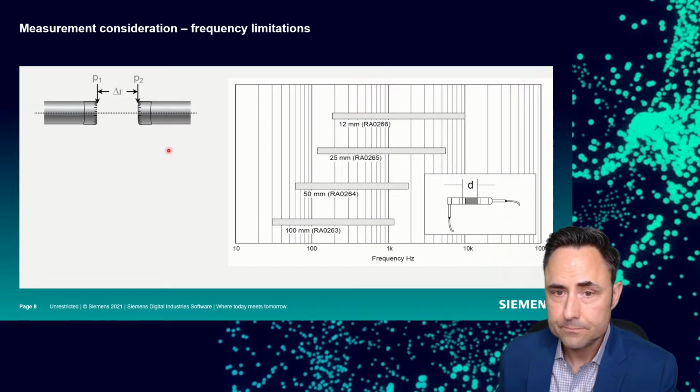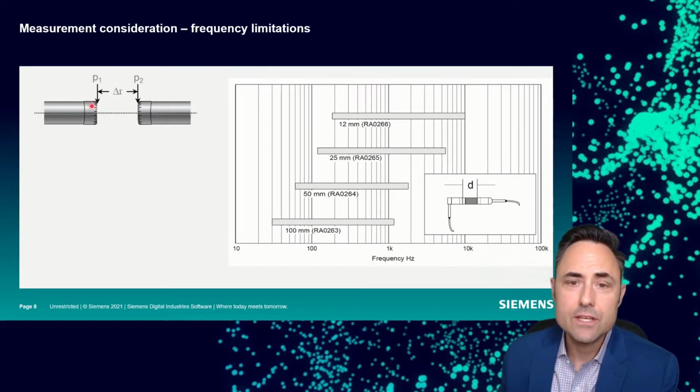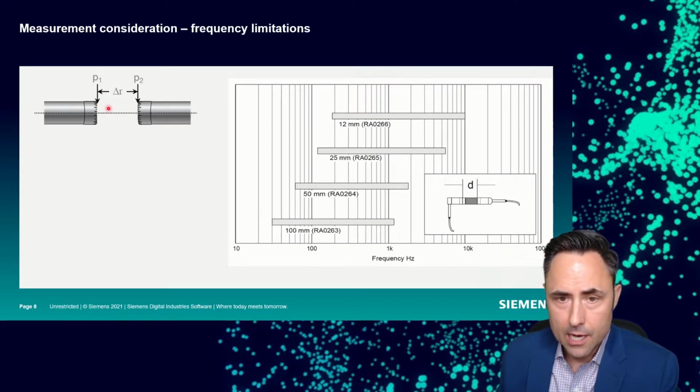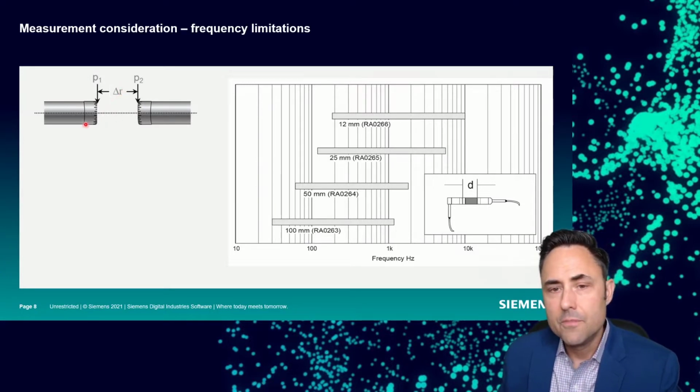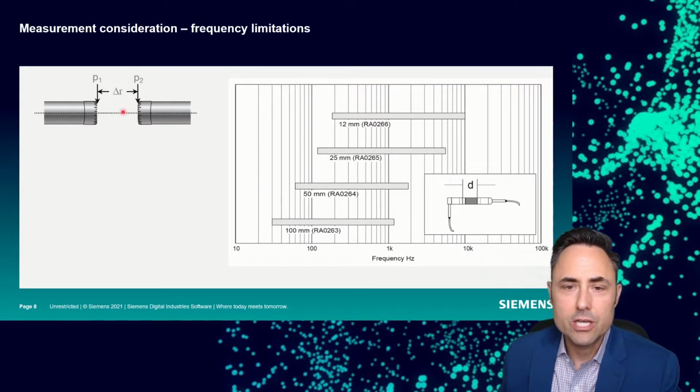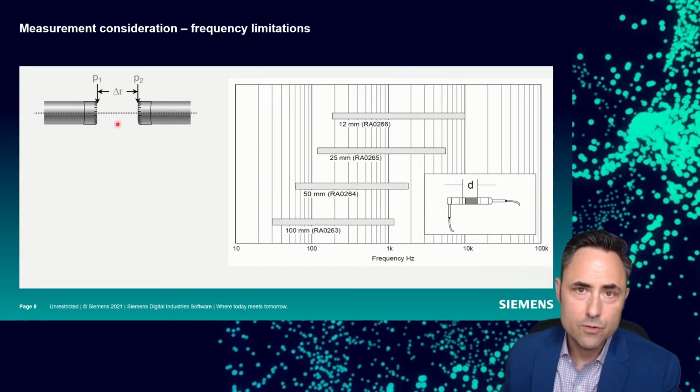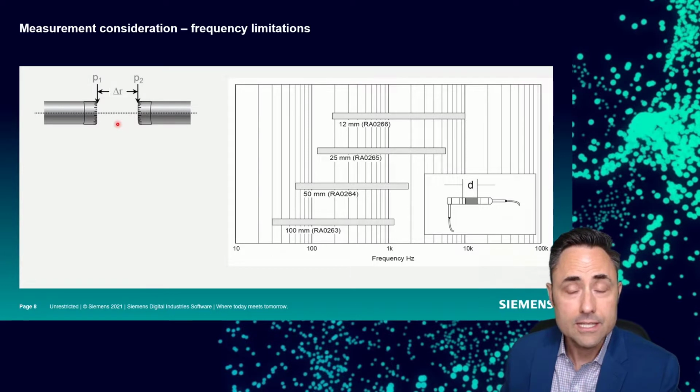Now the fact that we have these two microphones separated by some distance, our delta R here in this graphic, this spacer distance, is really going to control the frequency range over which we can measure with our intensity probe.